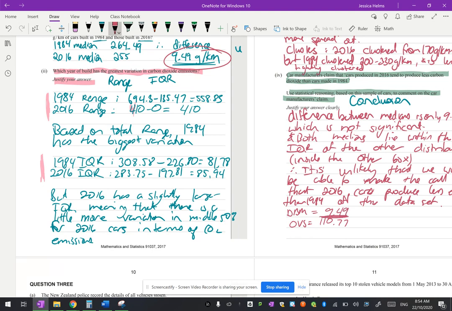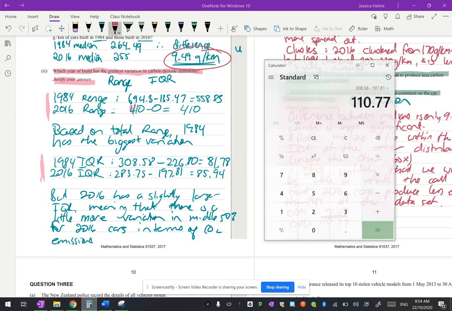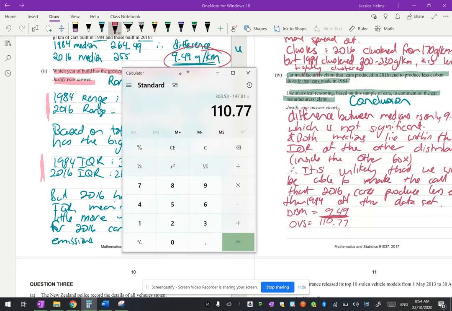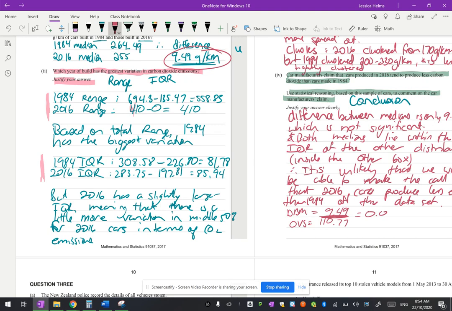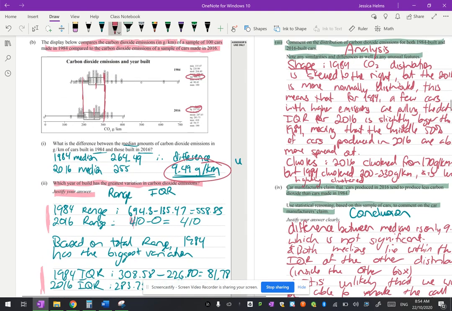Now, if we turn this into a fraction and go 9.49 divided by 110.77, we get 0.08.